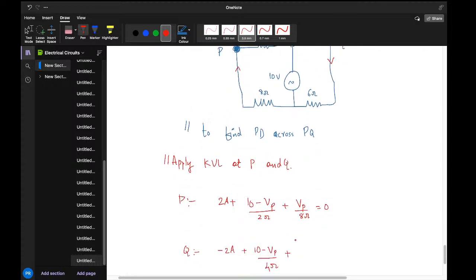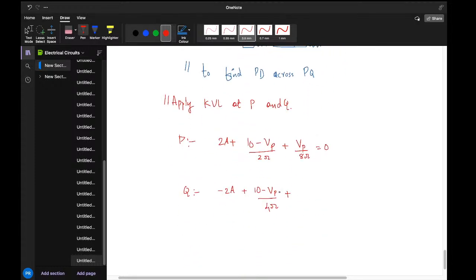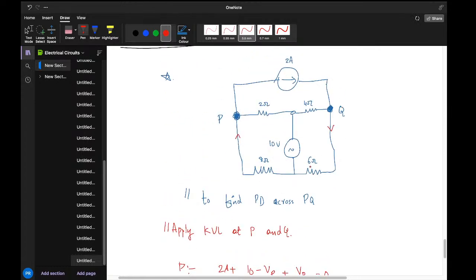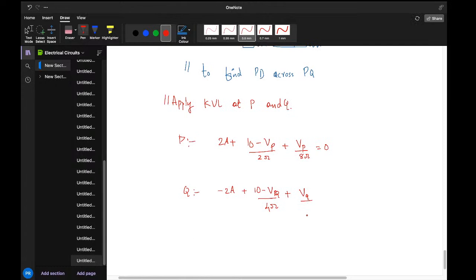So we can make this is V of Q, guys. V of Q divided by the potential drop out of this part, so just 6 ohm, is equal to 0.